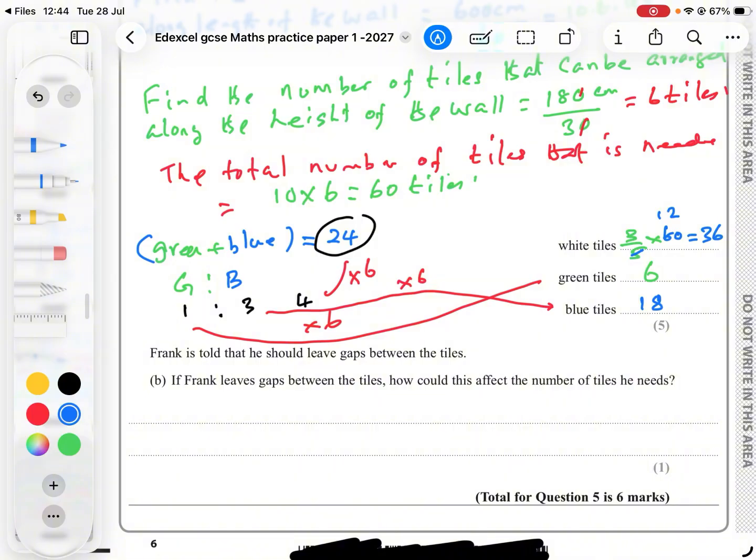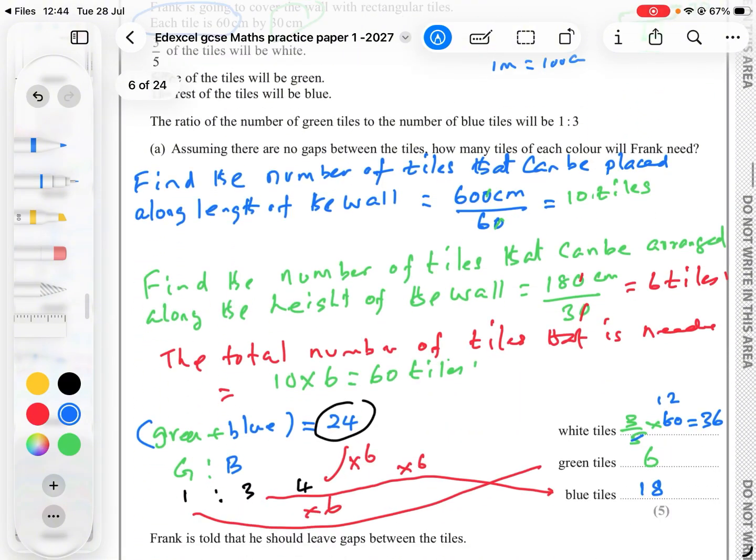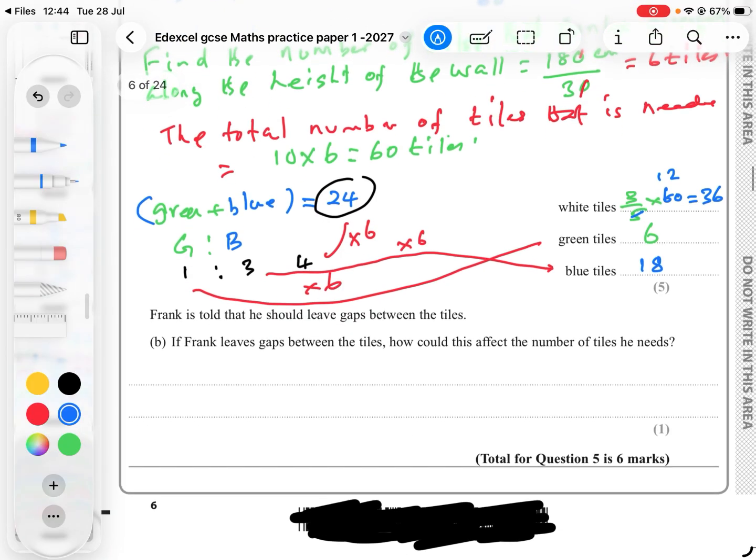If Frank leaves gaps in here, like this, how could this affect the number of tiles he needs?